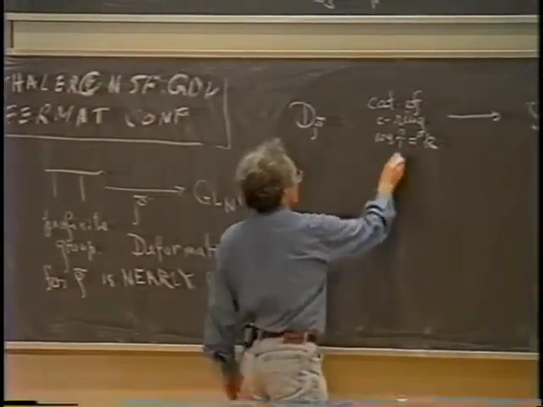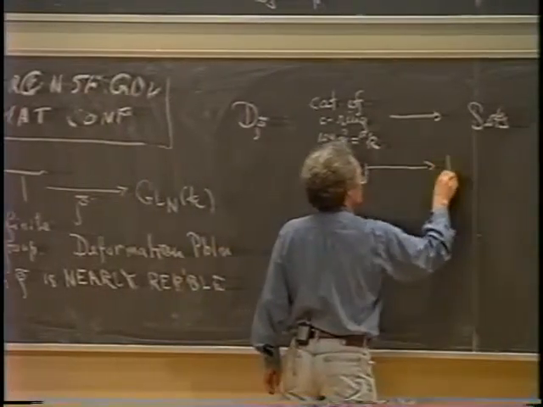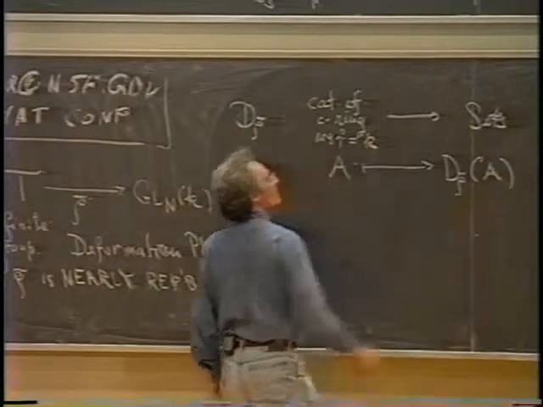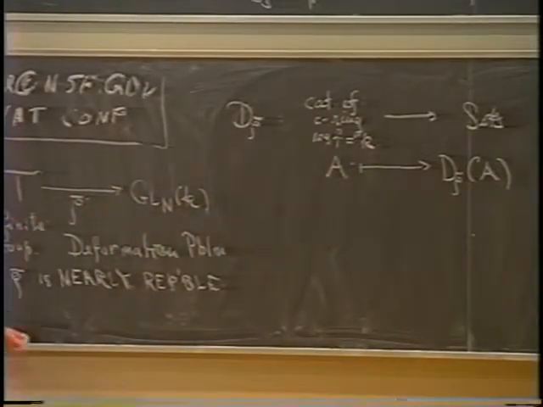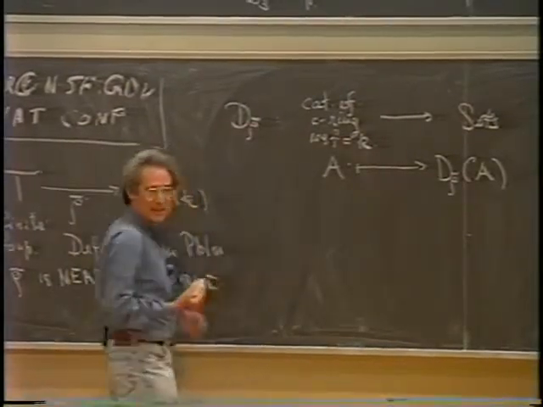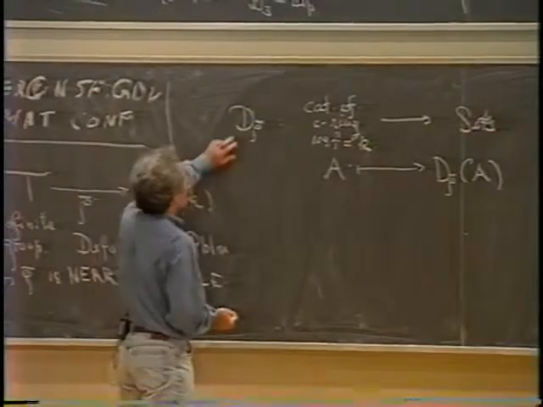sending a coefficient ring A to simply the set of deformations of rho bar to A. This is a nearly representable functor, and one implication of this is that it has a natural tangent space.